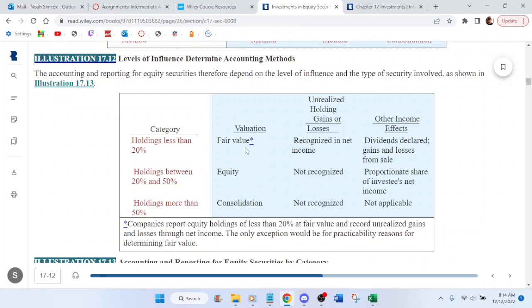So unrealized holding gains or losses for holdings that are less than 20% are recognized in net income. Then if you have holdings between 20 and 50%, if it's significant influence, the unrealized holding gains or losses are not recognized. Good.